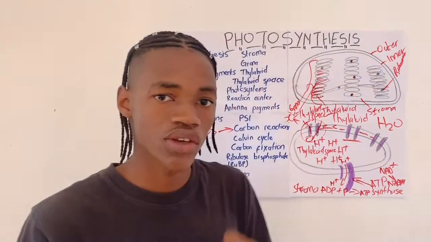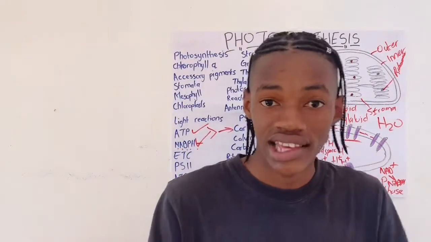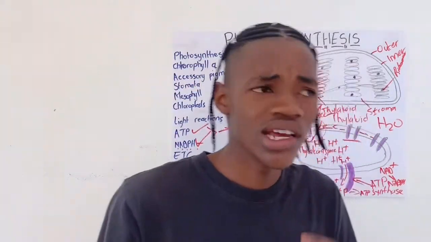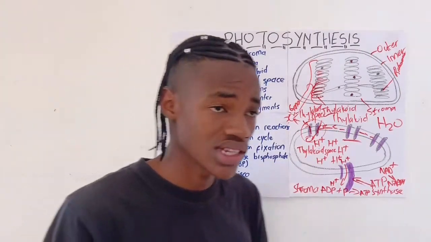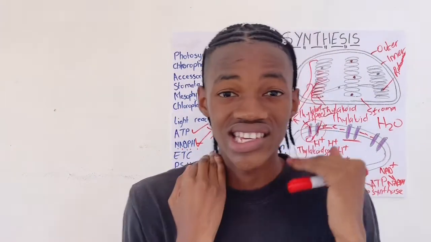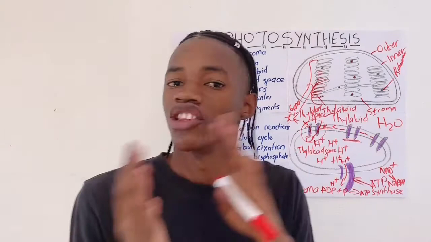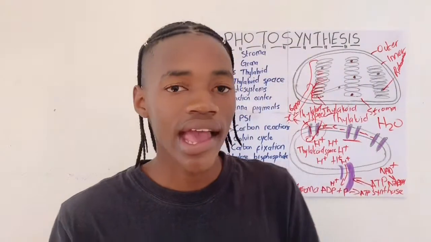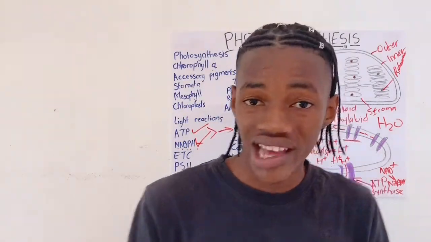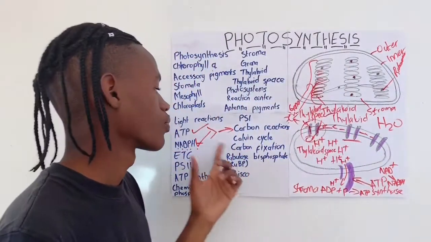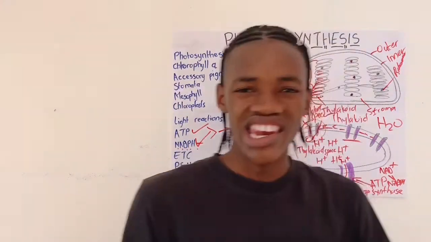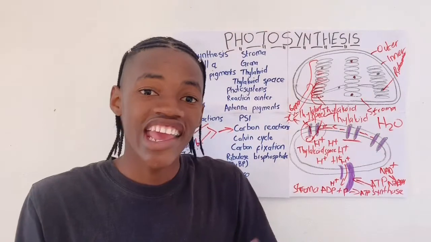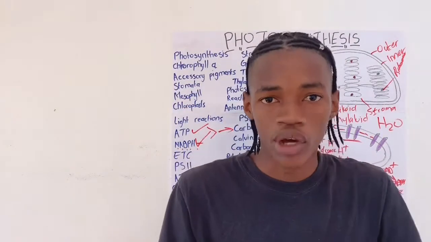The carbon reactions of photosynthesis are also called the Calvin cycle, all right? And they are also called the light independent reactions, because they do not require light. They just need carbon dioxide, ATP, and NADPH. What happens over here is carbon fixation, which is the initial incorporation of carbon from CO2 into an organic molecule, right?